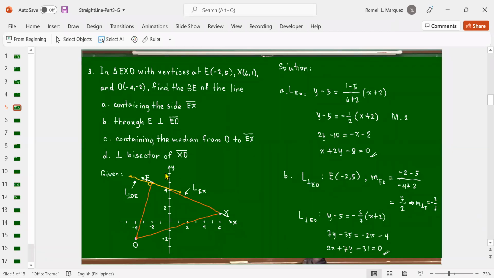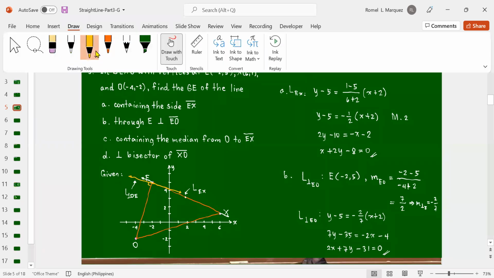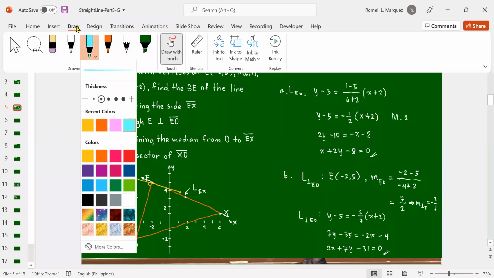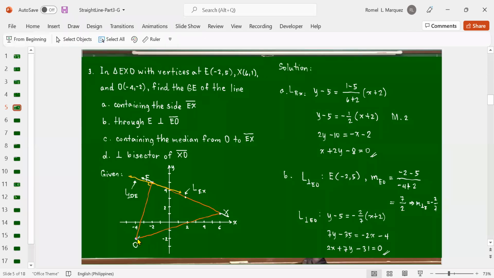Okay. What about letter C? Containing the median from O to EX. The line containing the median from O to EX, from O going to EX. So the midpoint here. So this is the median.